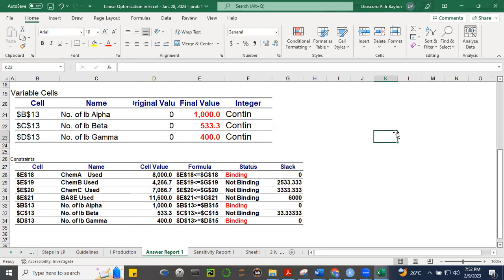Anyone? That will be important later on when we do a deeper sensitivity analysis. What's the implication if a constraint is binding? What's the implication if it is not binding? Can anyone decipher when a constraint is binding?